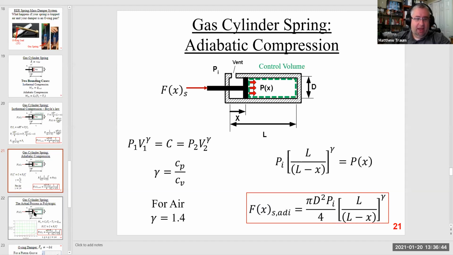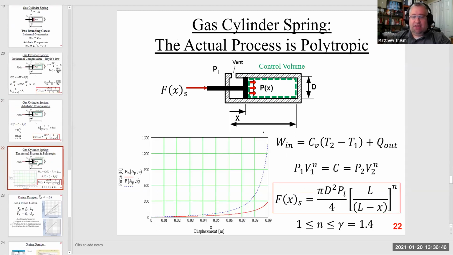No, good. Okay. So the reality is somewhere in the middle, right? We can't have a perfect isothermal compression, nor can we have a perfect adiabatic compression. And so what actually happens if you look at the first law is that some of the energy that you put in as a work transfer, a PdV process, contributes to an increase in internal energy of the gas.